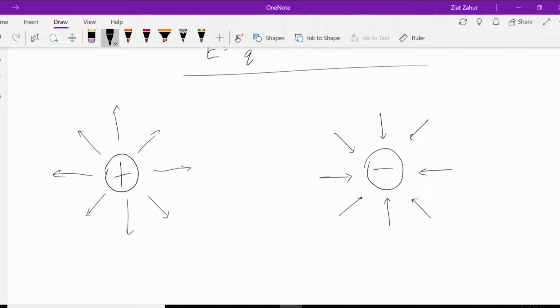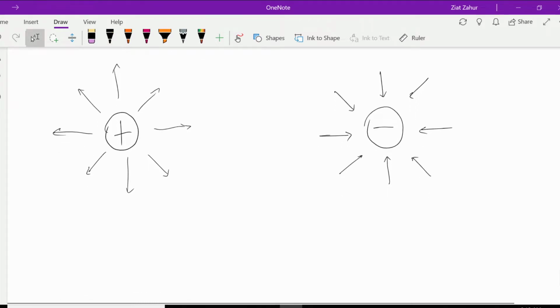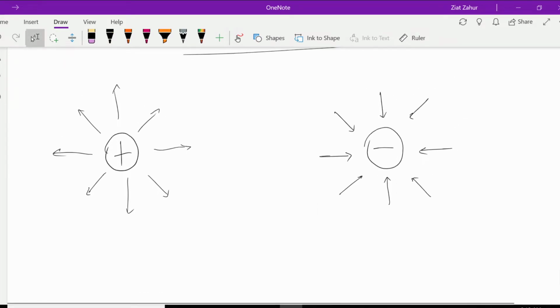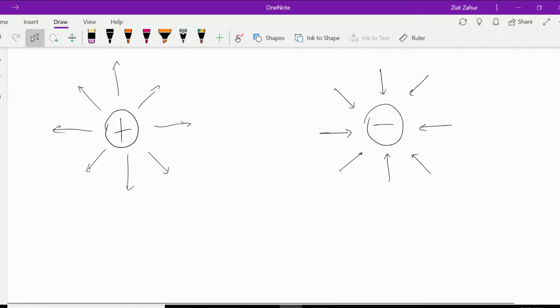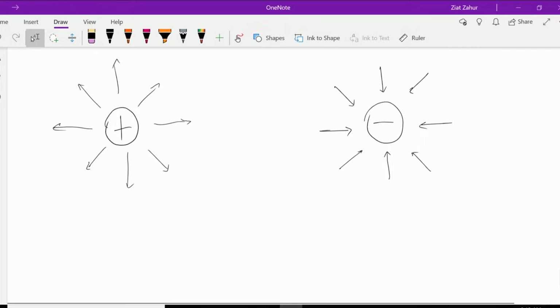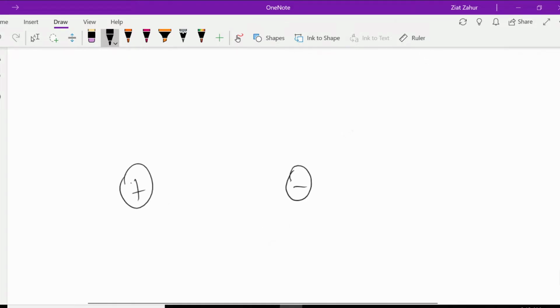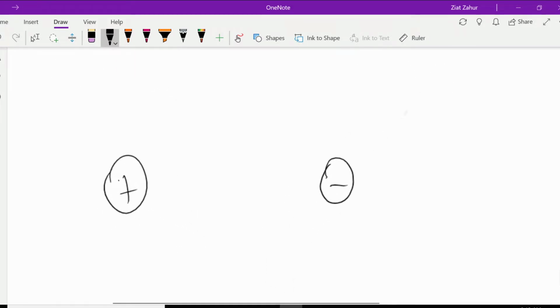Okay, now if we combine these two charges right next to each other, so instead of being separate charges out on their own, I'm going to go ahead and put them together now. So if I have a positive charge next to a negative charge, remember the arrows come out of the plus and into the minus, and this is basically what we're doing with our activity today if you download it from Canvas.